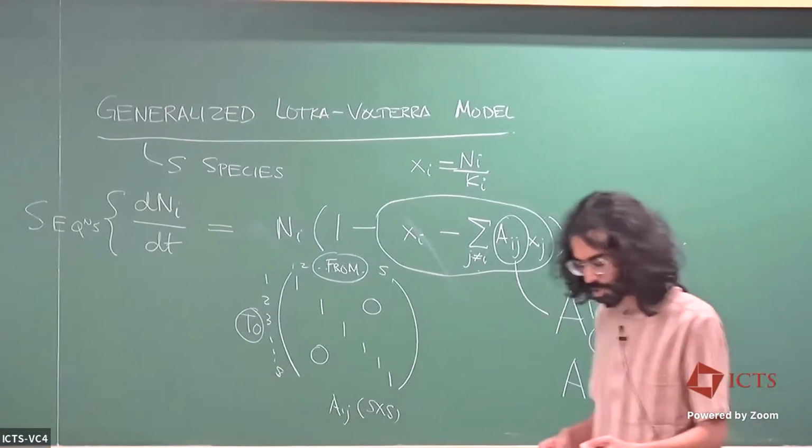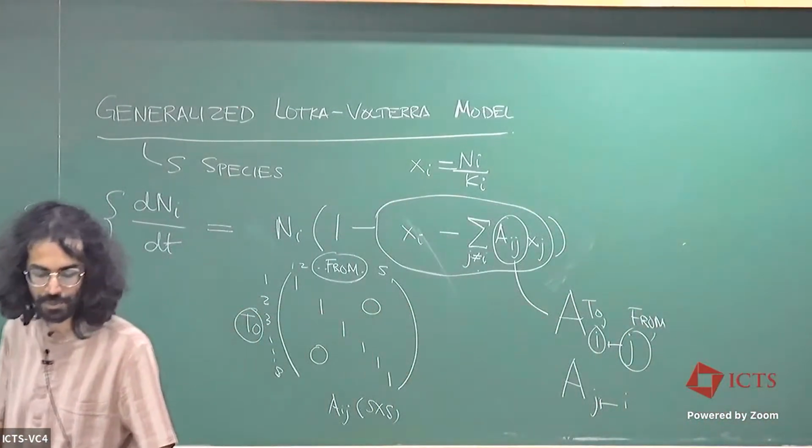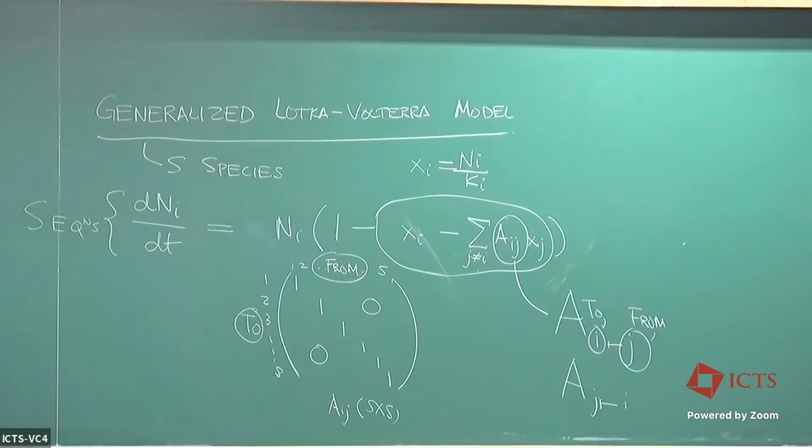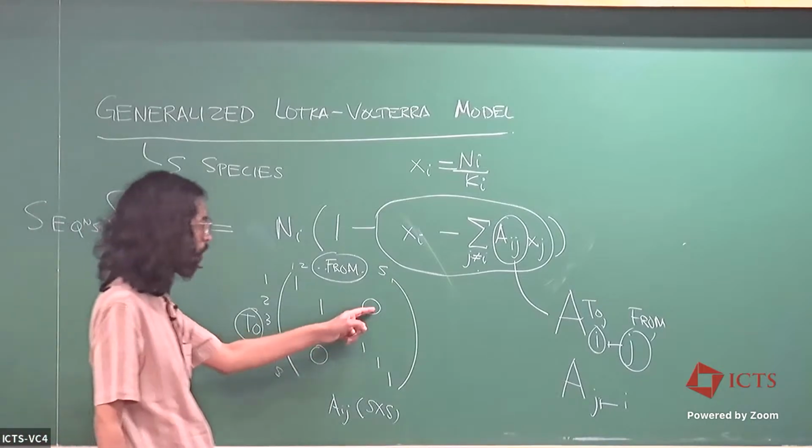We can get them through experiments. What kind of experiments should we do? How each species inhibits or interacts with each other species in the system. That's what the matrix means. How would I get these values?